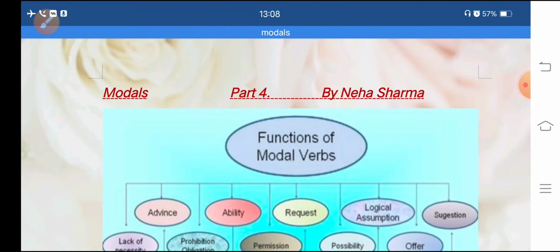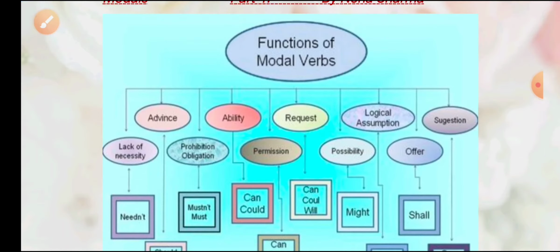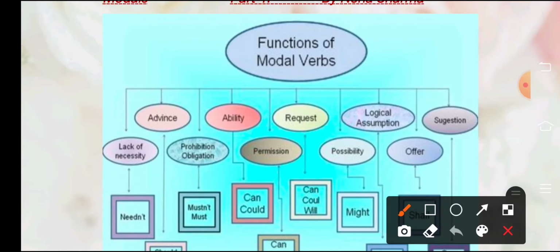So let's understand the functions of the modals. On your screen you can see a diagram. If we want to show the lack of necessity, we use needn't, which is the short form of need not.